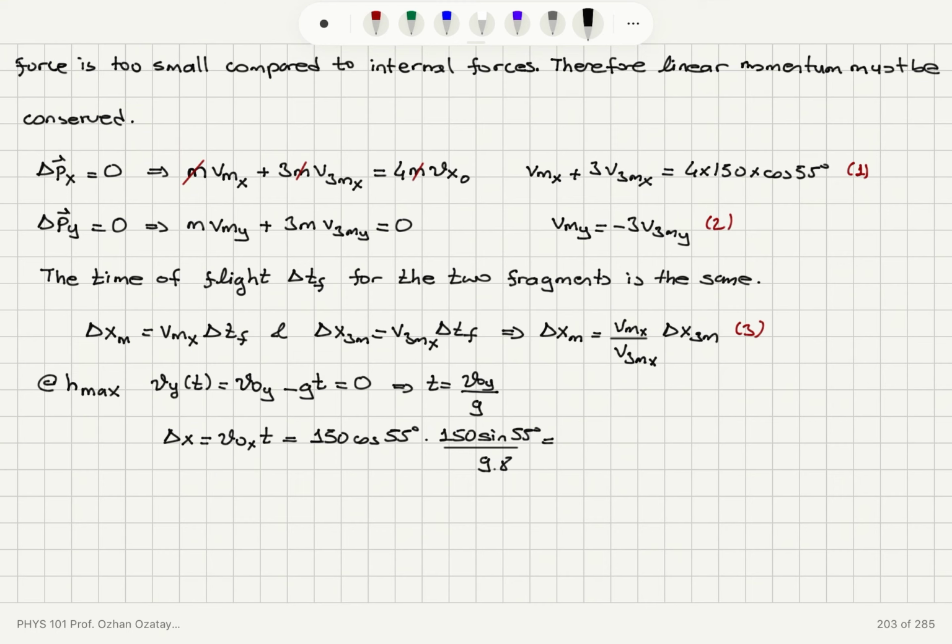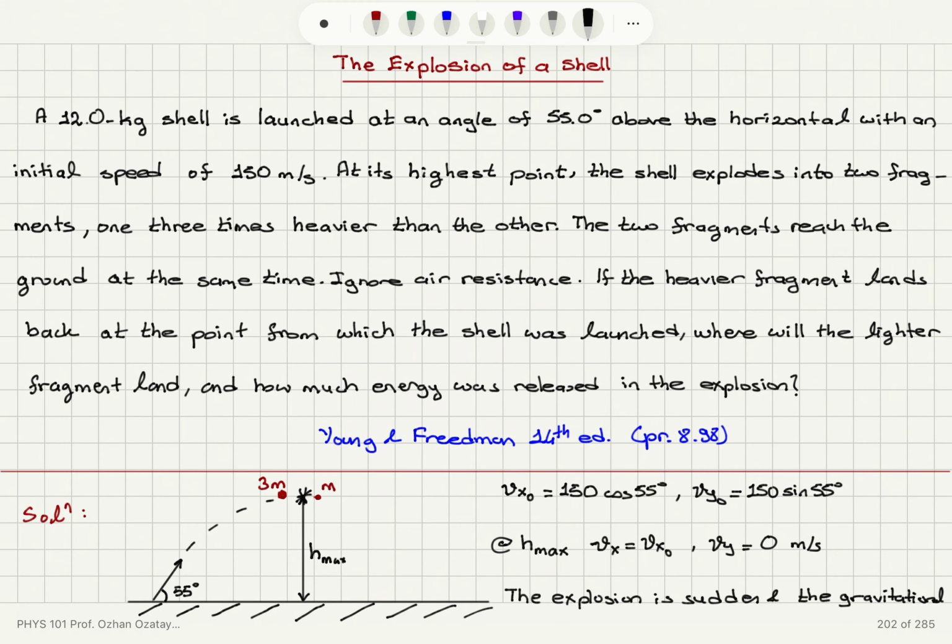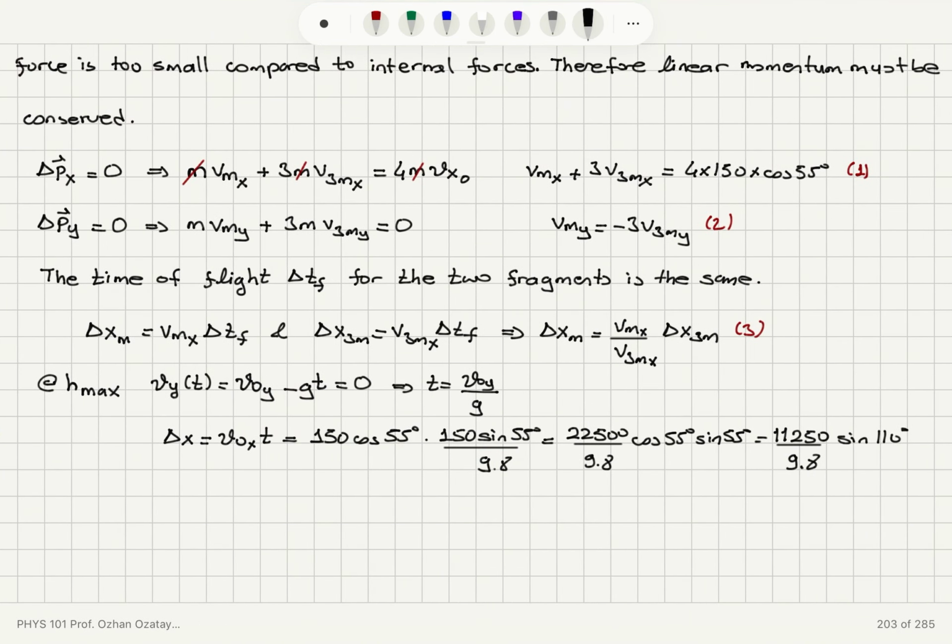So this will give us 22,500 divided by 9.8 cosine 55 sine 55, which can be written as 11,250, because 2 sine theta cosine theta is sine 2 theta, divided by 9.8 sine 110 degrees. So that's the distance traveled on the x-axis to reach the h max.